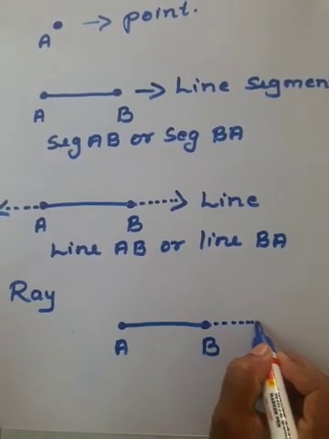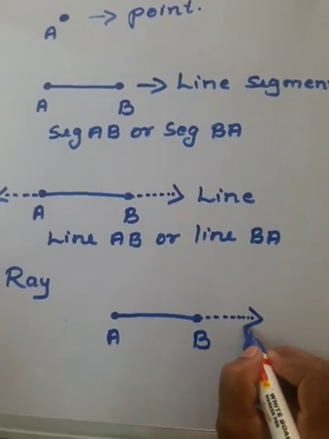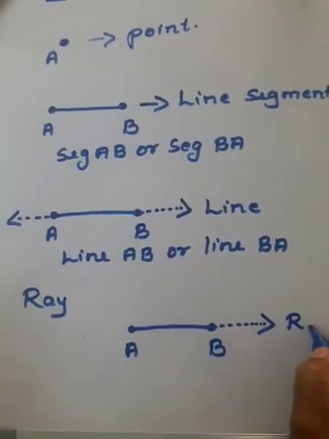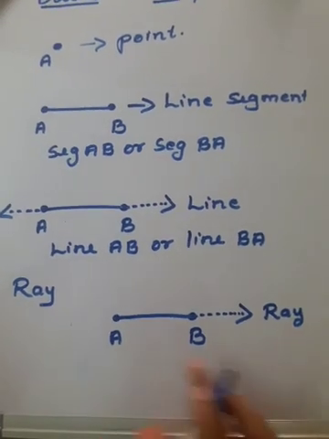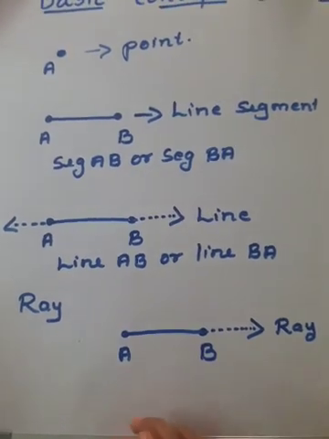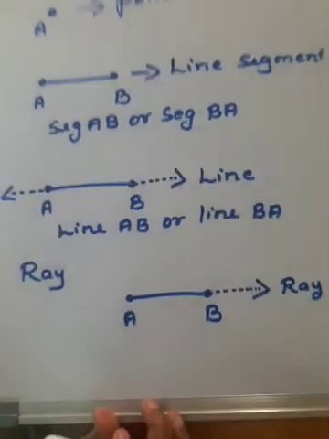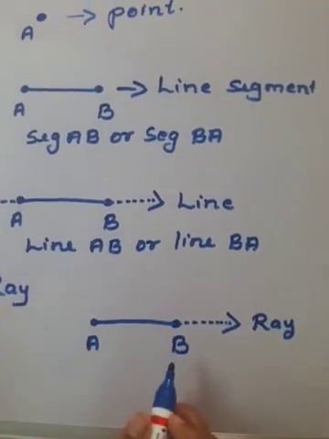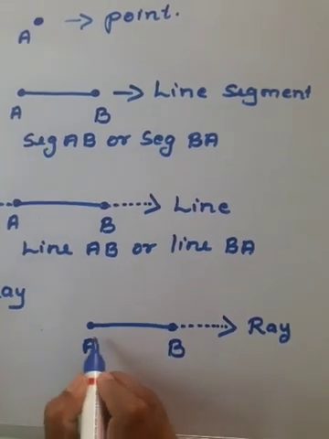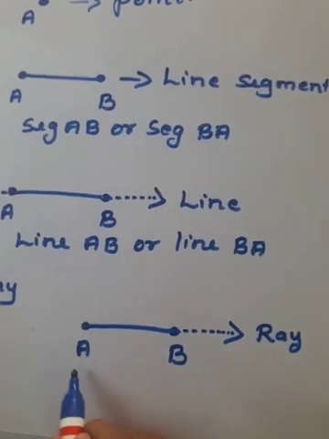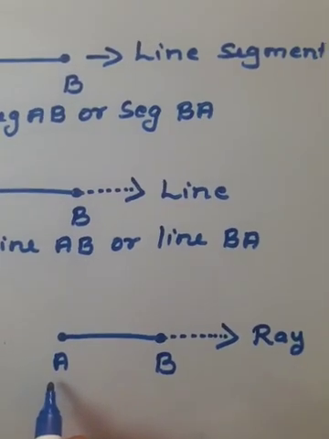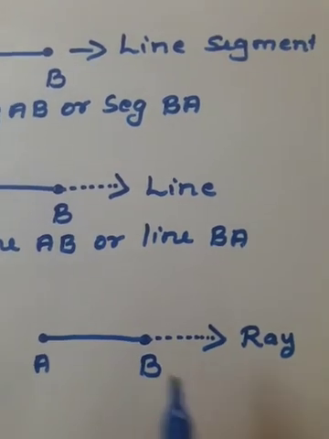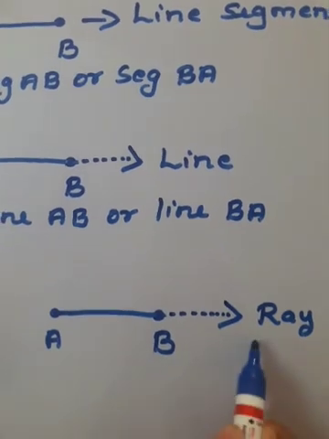So extend the line segment only in one direction. Then we get a ray. This is a ray. This is the starting point of the ray. The ray starts at one point and goes forward continuously in the same direction.